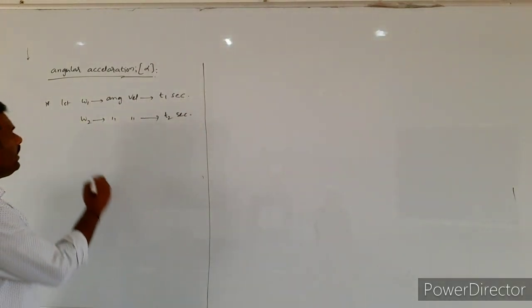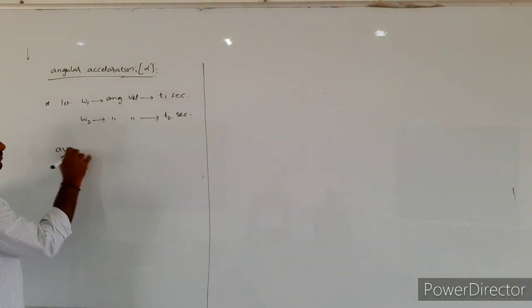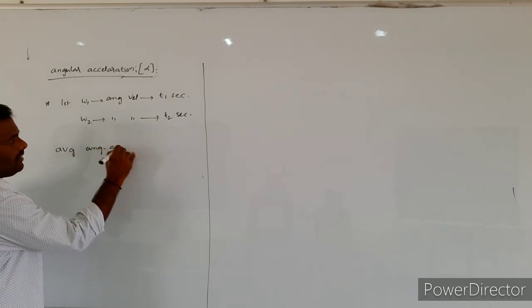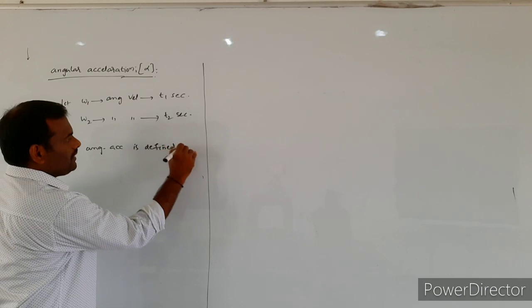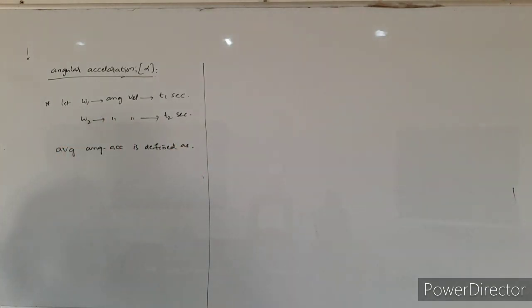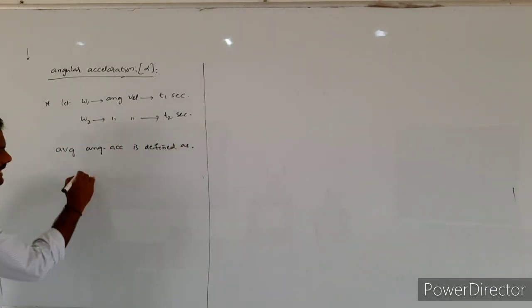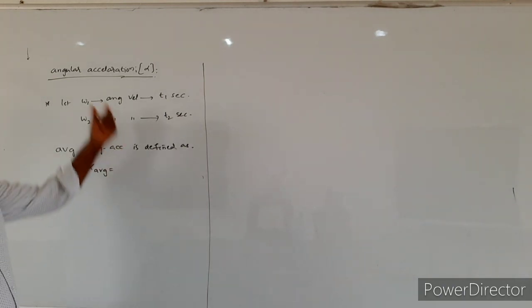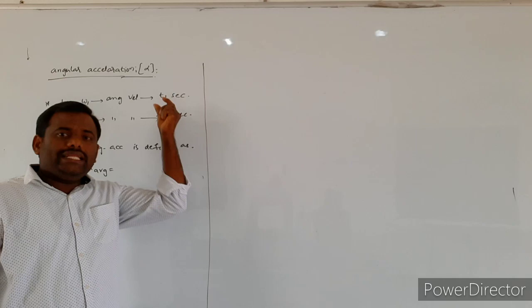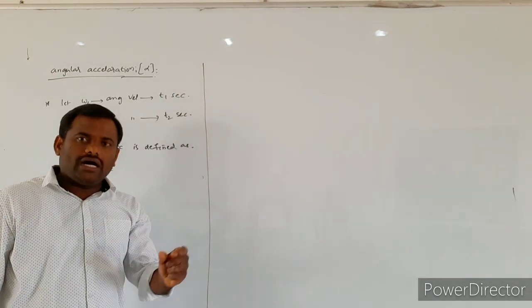Then the average angular acceleration is defined as alpha average. The angular acceleration will be denoted with the symbol alpha.